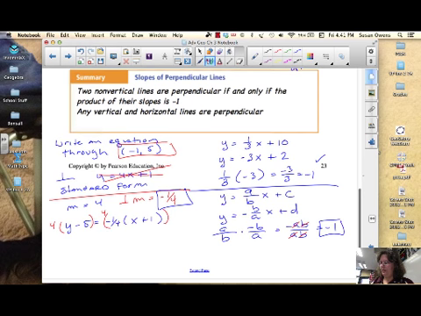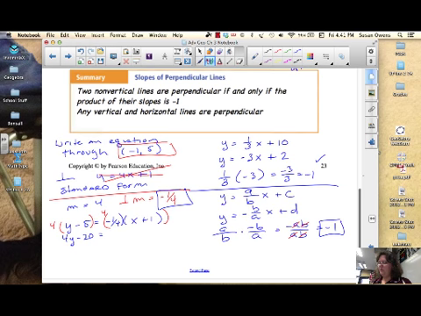On the left, you have to remember to distribute, so 4y minus 20. On the right, because it's all factors, it's 4 times -1/4 times the quantity x plus 1. You can multiply the 4 times the -1/4, and then what's left can distribute into the x plus 1.